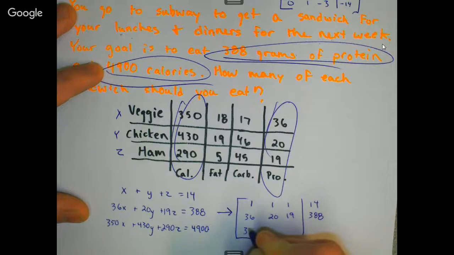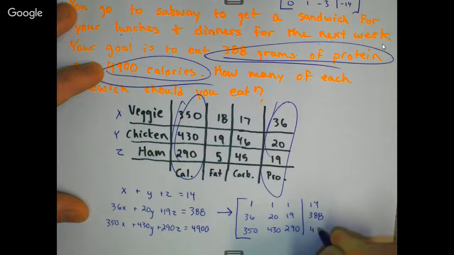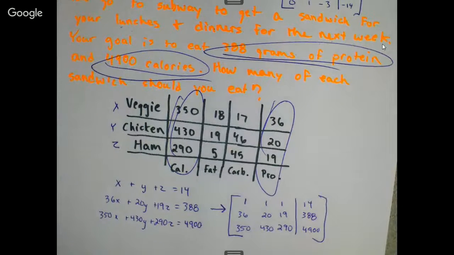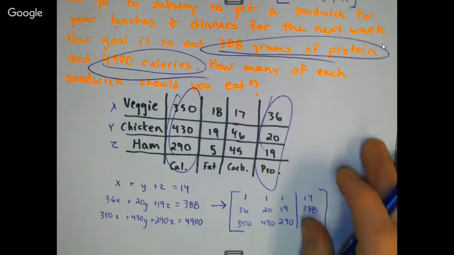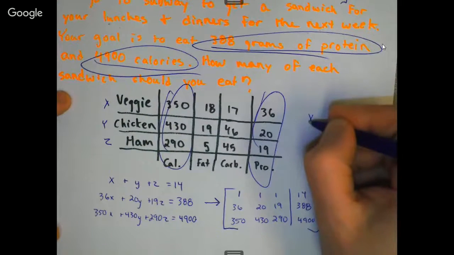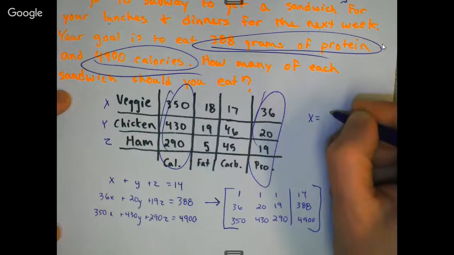And then I got 350, 430, 290, and 4,900. Okay. Then you'll probably want to do RREF on this one, solving this out for X, Y, and Z. So if you try that on your own, you'll get X to be 7.